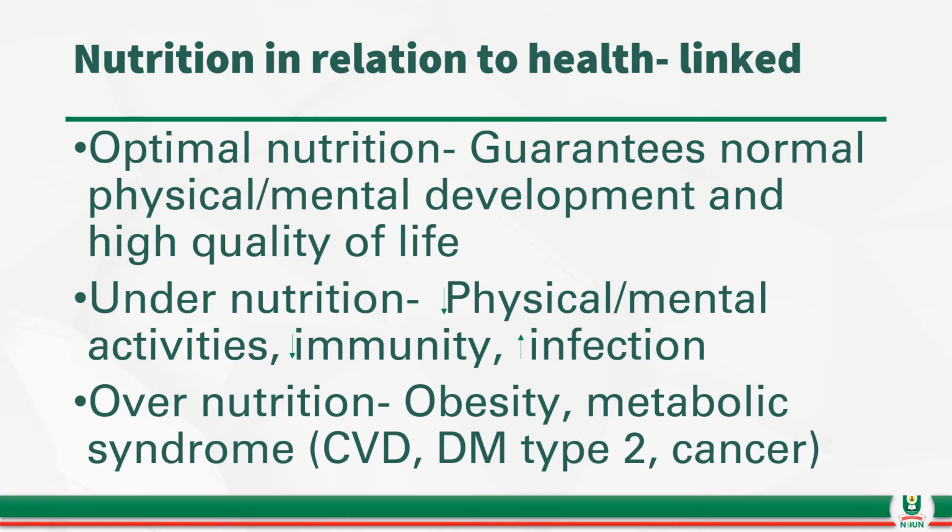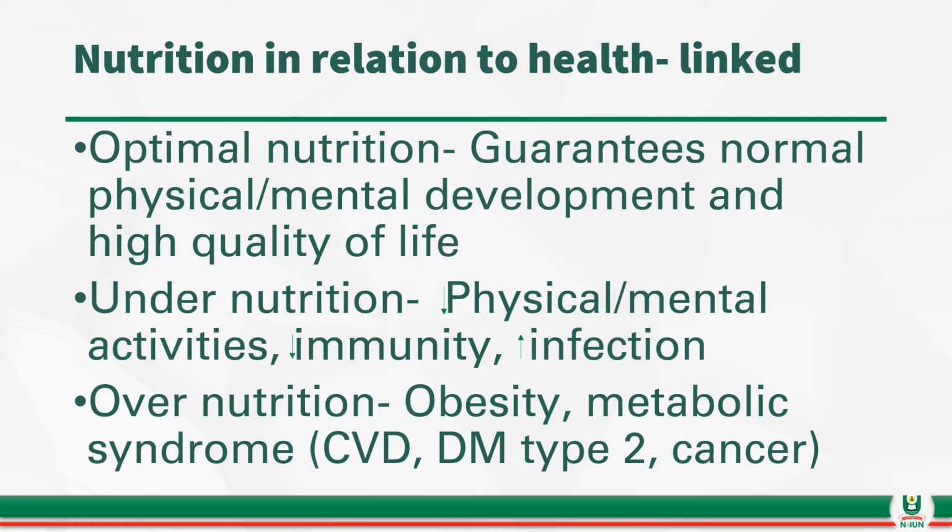Good nutrition, good health; bad nutrition, bad health. So what we call optimal nutrition is nutrition that guarantees normal physical, mental, developmental, and high quality of life in children. And optimal nutrition should be a balanced diet. It makes them have physical and mental development in a normal way, and they live their high quality of life.